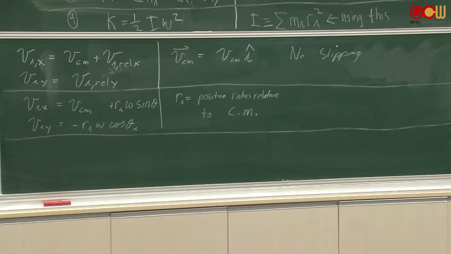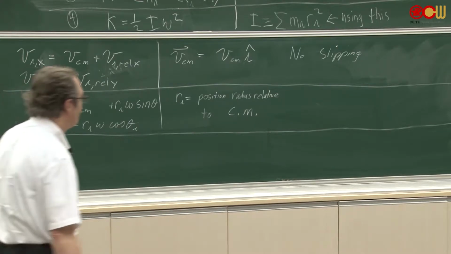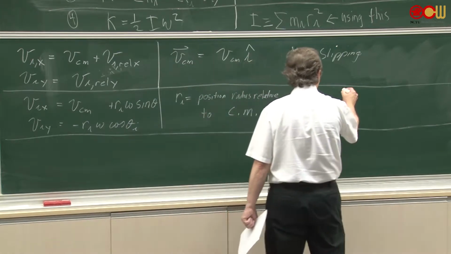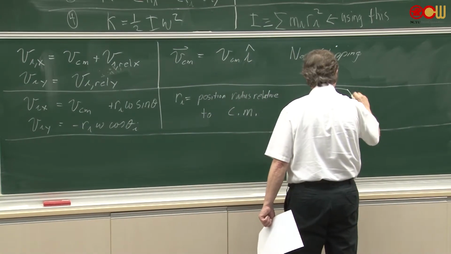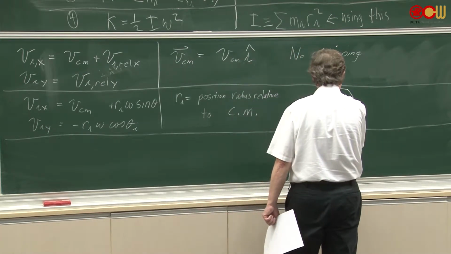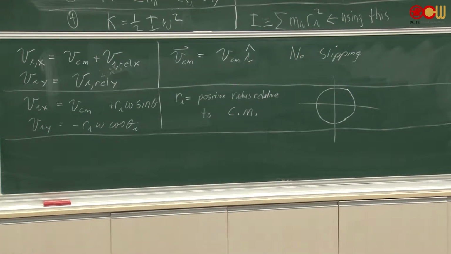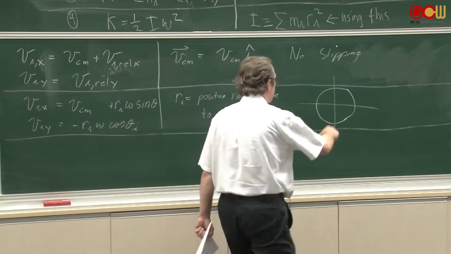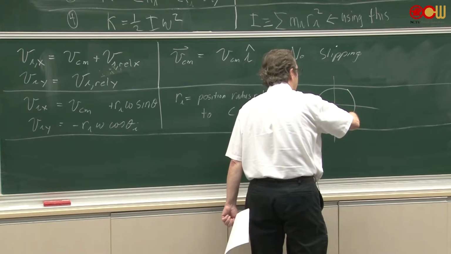I'll give you a hint. Your picture should have a circle in it. And maybe axes. All right? Pick a point on that circle and figure out how its velocity is related to the rotation. So remember, it's rotating like this.